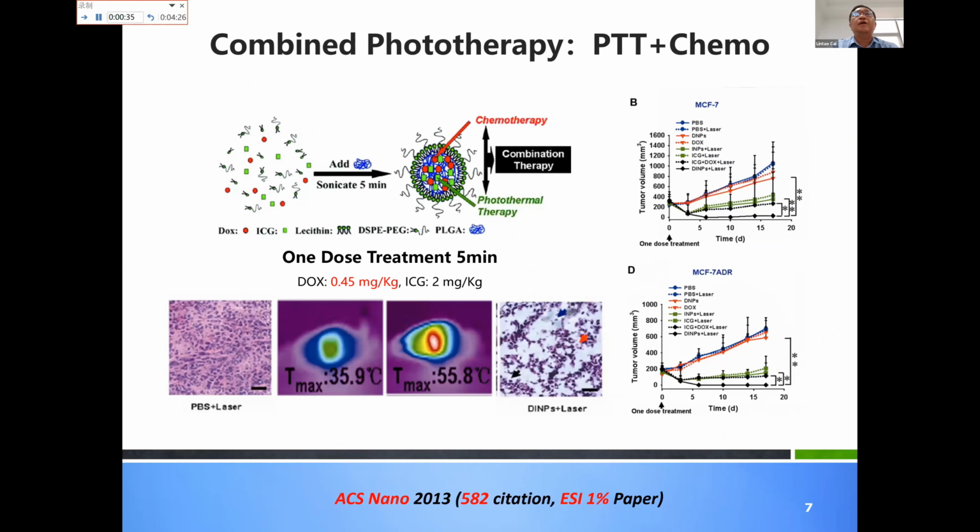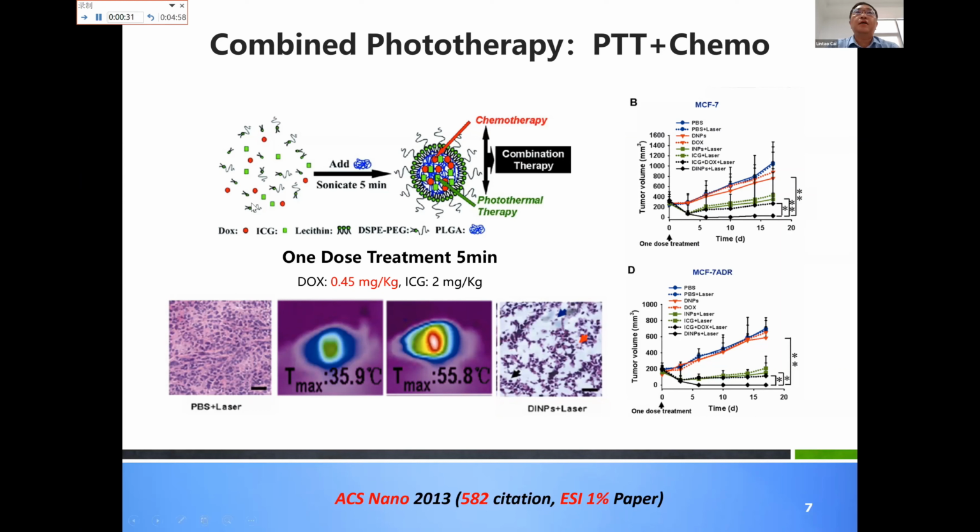Our first work started in 2000, and we published our paper in ACS Nano 2013. In this work, we combined the chemotherapy agent Doxil and ICG together in a liposome system. It is a very simple system, but the therapy effect is very high.